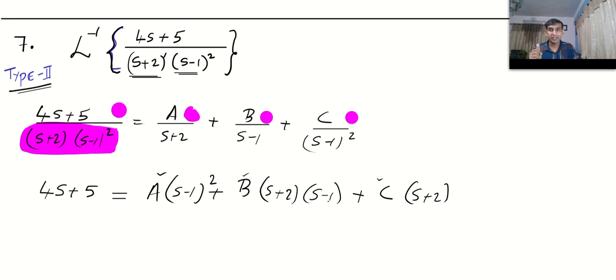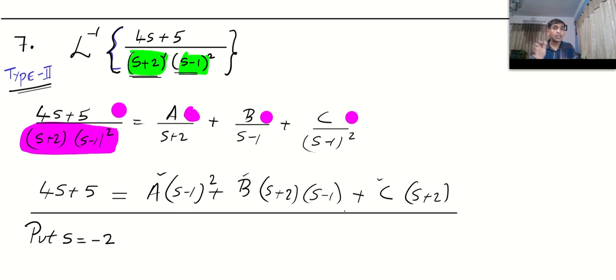If you're wondering what is that best number, look at the denominator of this question. You will see two factors. So the first number I'm going to choose is s equal to minus 2.